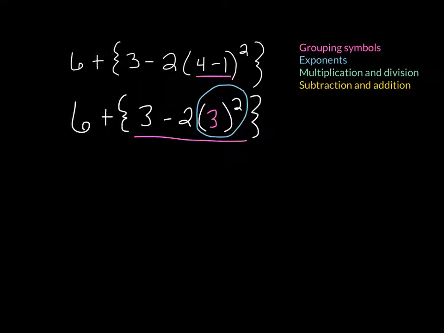And 3 squared, again, remember with exponents, whatever is directly next to the exponent, or whatever's in the parentheses right next to it, is what is multiplied repeatedly. So in this case we have 3 squared. So 3 times 3 is 9. We bring down everything else exactly as it is.